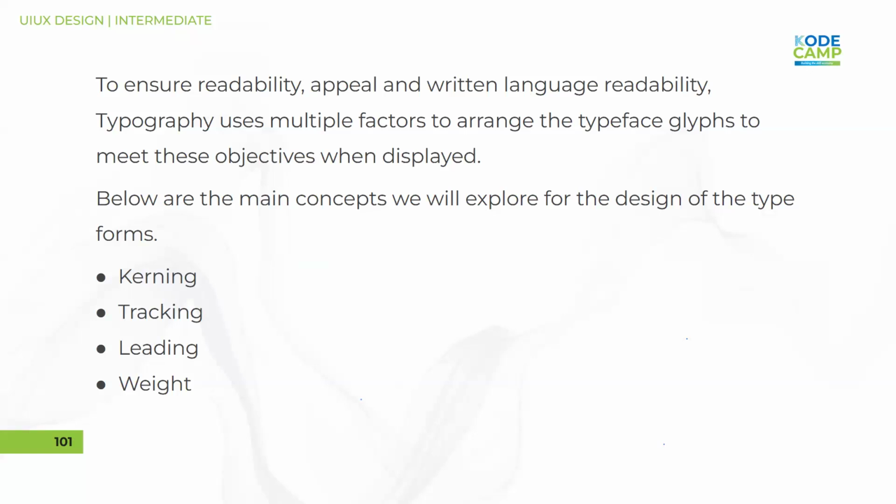So below are the main components we will explore for the design of the type form. We have kerning, we have tracking, we have leading, and then we also have weight. All right, so let's look at the first one.